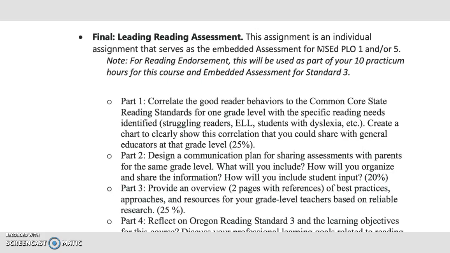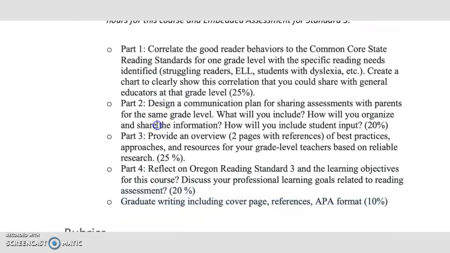For those of you seeking endorsement, it is also part of the embedded assessment for Standard 3 on reading assessment. So this final course is one that you really are going to be building up to that shows evidence of meeting the learning outcomes. The first one is taking what we know as the good reading behaviors that are aligned to the Common Core reading standards for one grade level. This will be one of your choice.